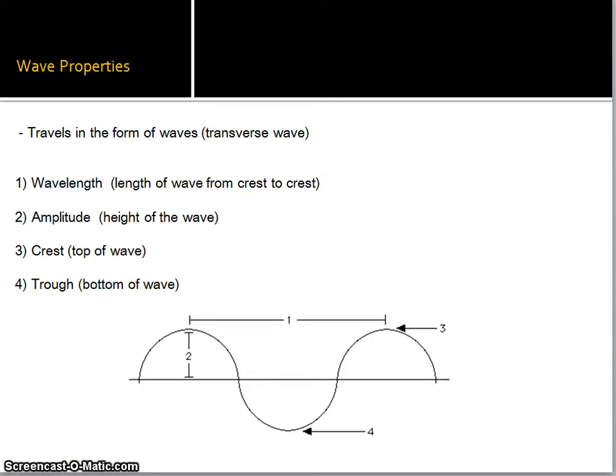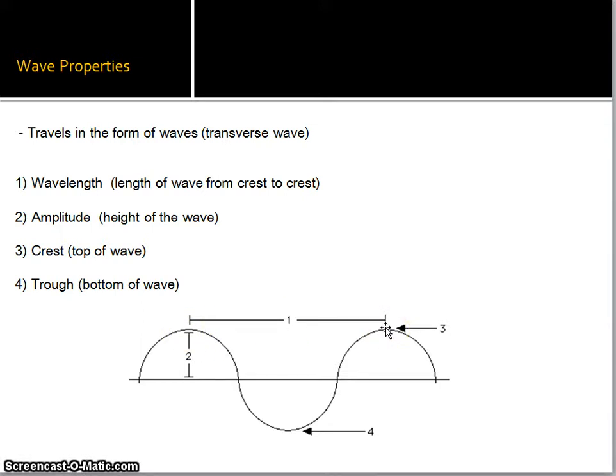These electromagnetic waves exhibit what's called a transverse wave property. Here's a great example, or just a review of the different parts of a wave. Number one is the wavelength, from the top of one crest to the top of the next.